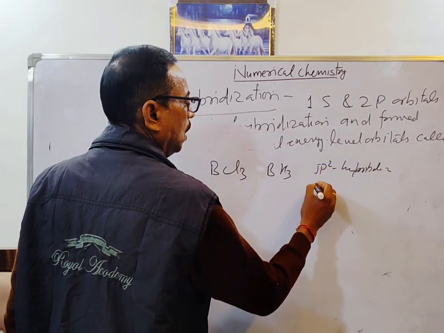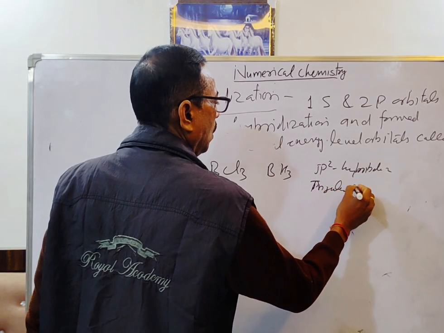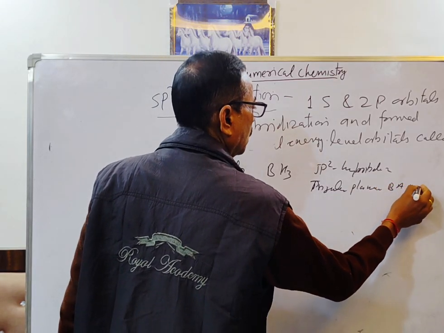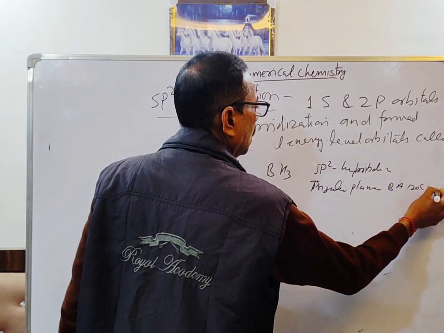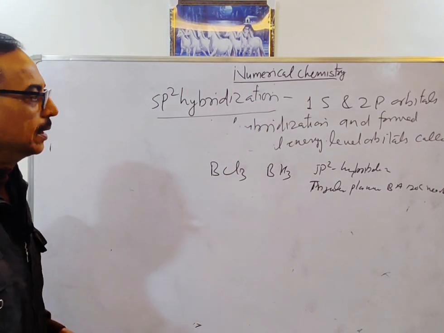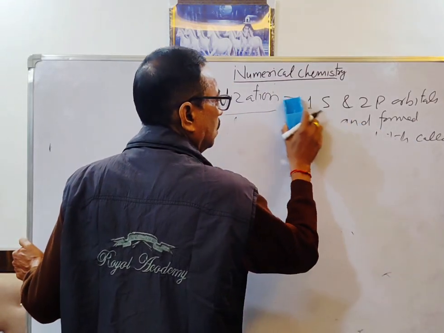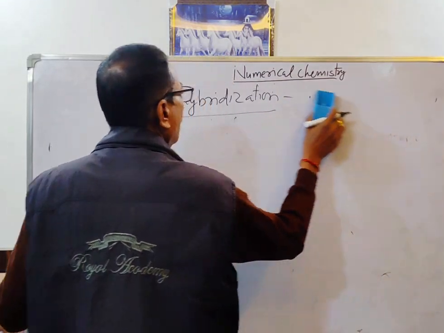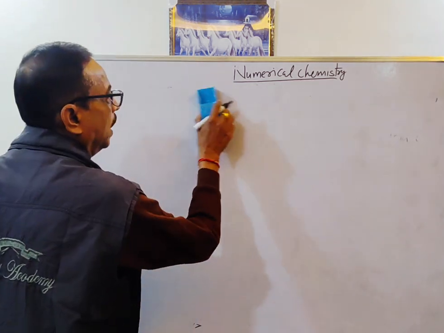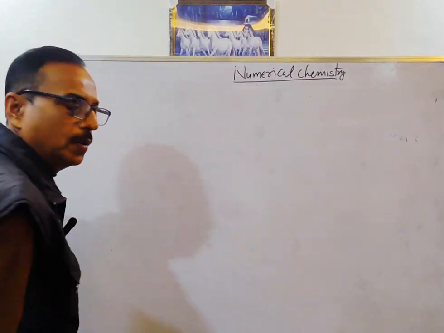That means triangular planar, bond angle 120 degree, near about, but it depends upon some other factors like bond pair repulsion, bond pair and lone pair repulsion. That is called VSEPR theory, valence shell electron pair repulsion theory, that I will tell you later.